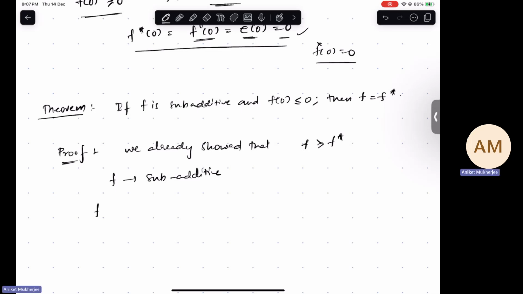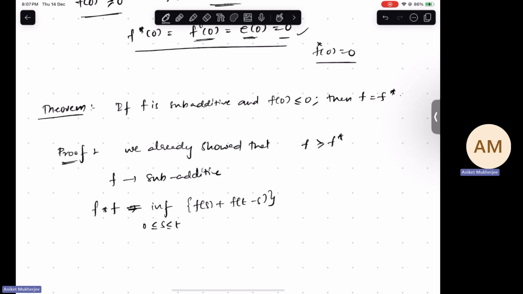Okay, let's take f convolution f, right? F convolution f will get the infimum over 0 less than or equal to s less than or equal to t of f of s plus f of t minus s, right?